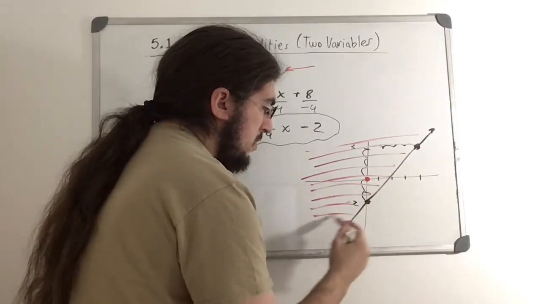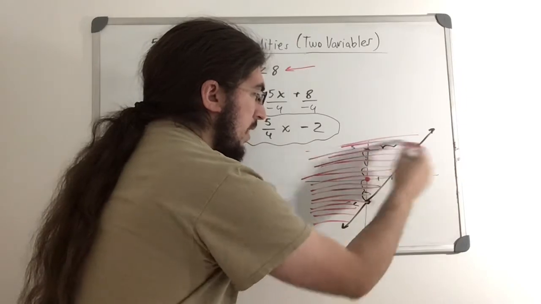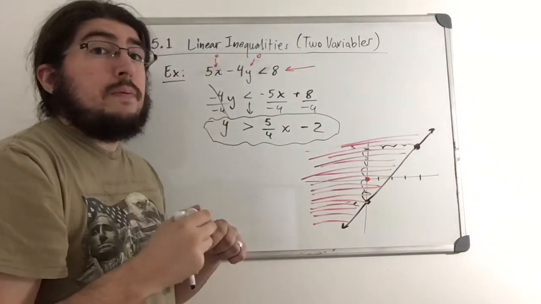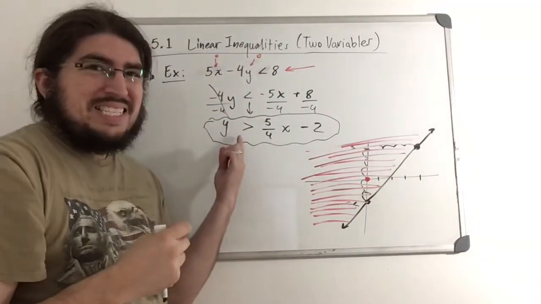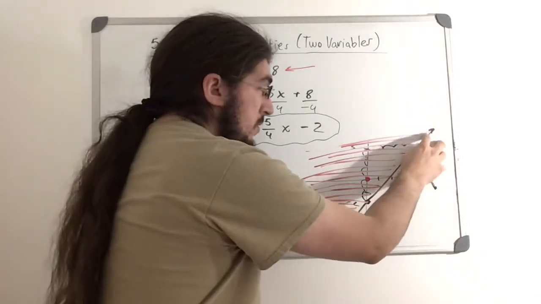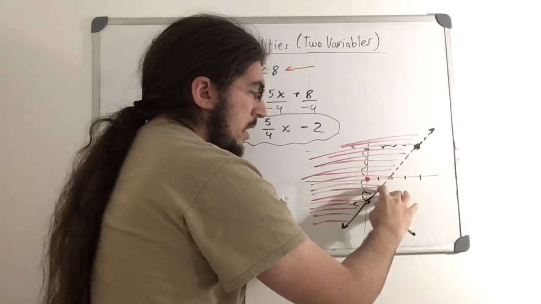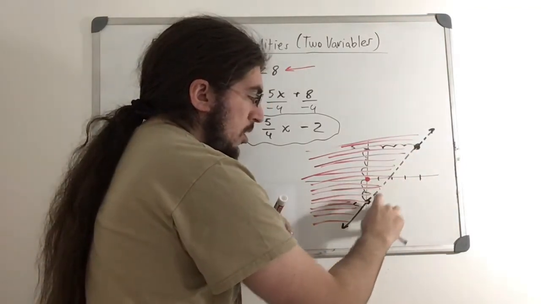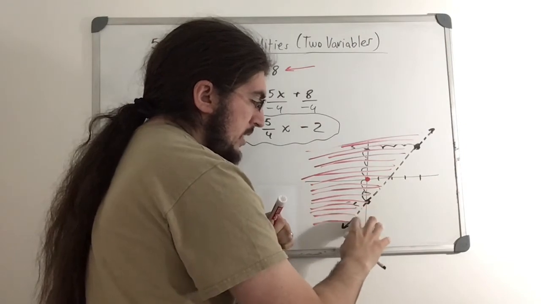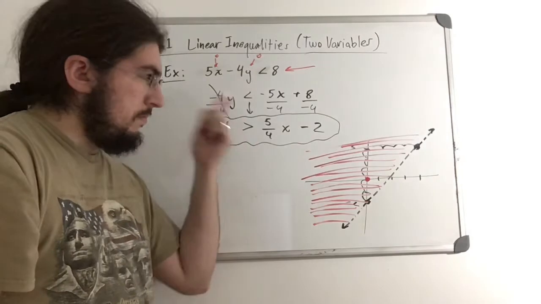There's another bit of news though. Remember in the previous example, we left the line as being solid, and I said that was only because it was or equal to. This isn't or equal to. It's just less than. So we actually need to make sure that this line is dashed. The importance of this is we're shading all regions that contain points that satisfy this inequality.